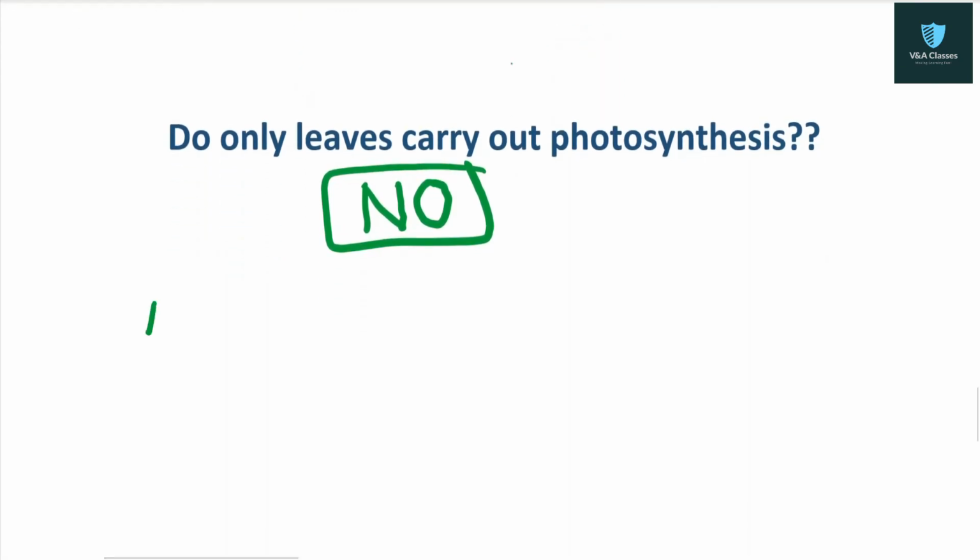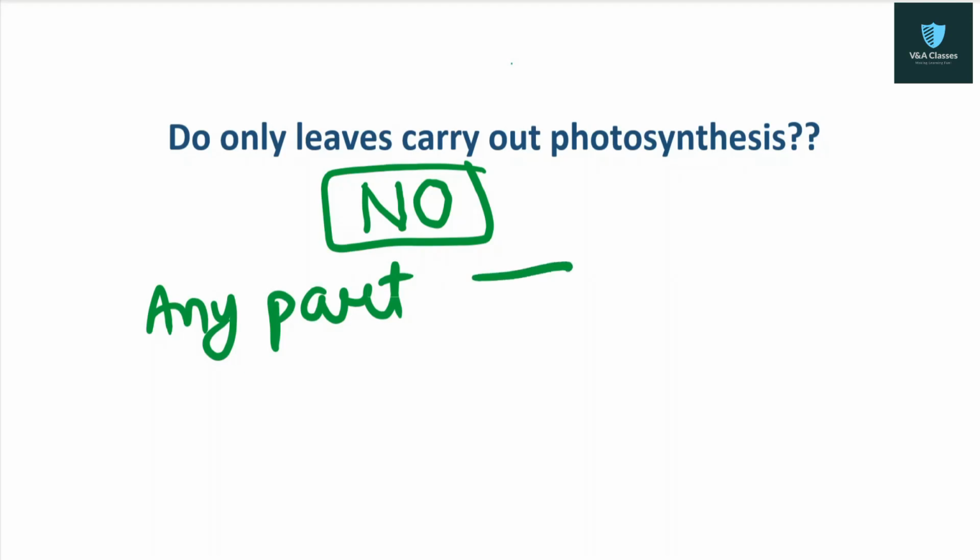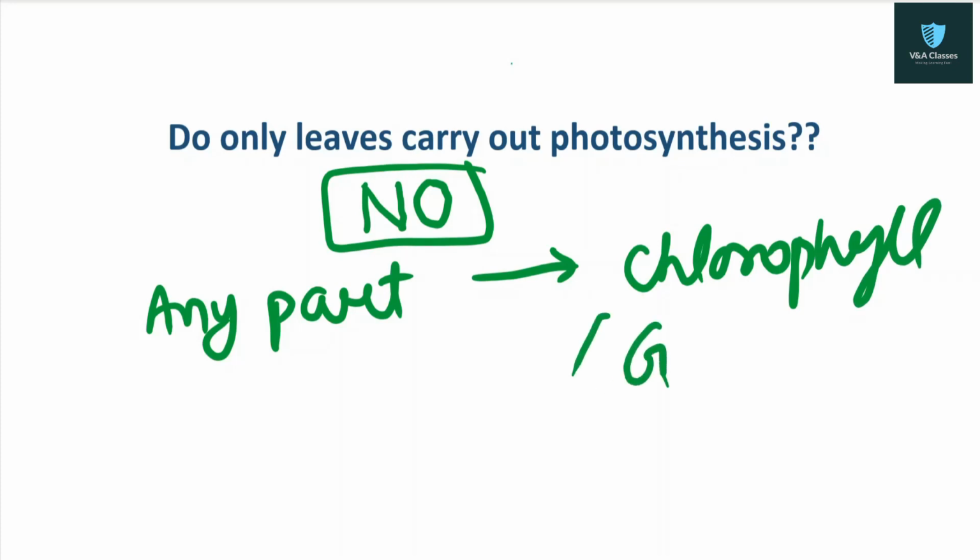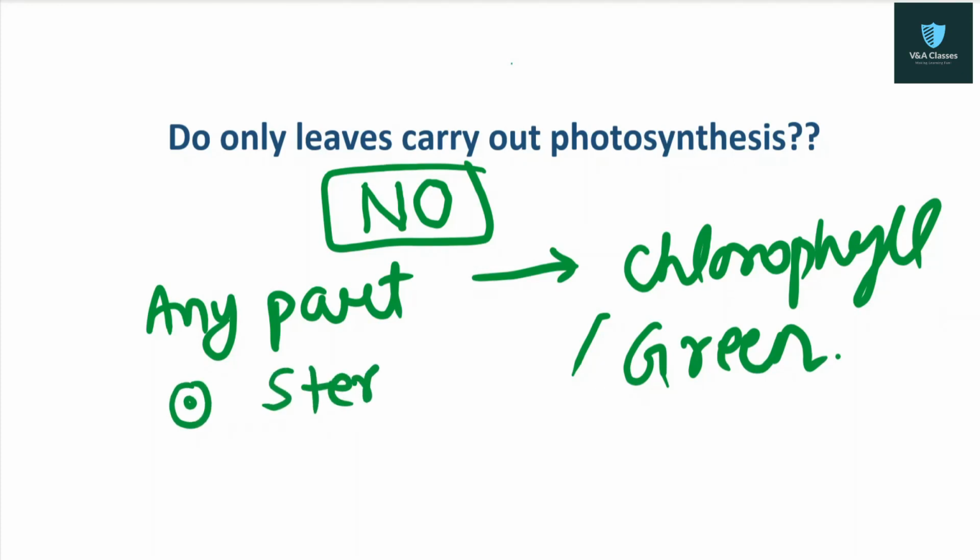Any part of the plant that contains chlorophyll or is green in color can carry out photosynthesis. For example, the young stems. You must have seen that younger stems are green in color.